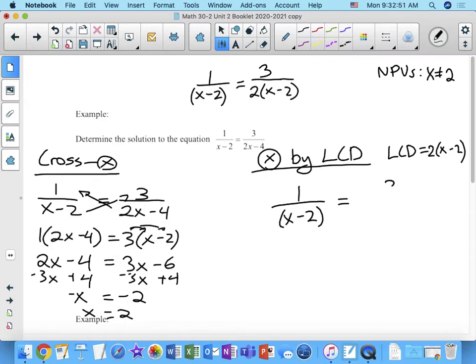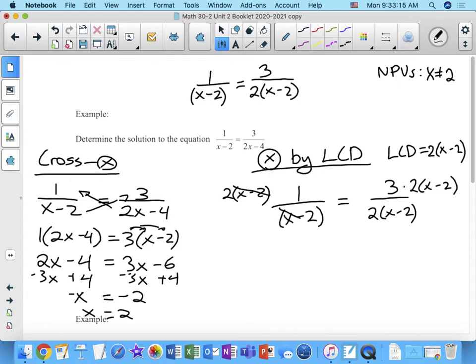Equals 3 over 2 times x minus 2. And on both sides, I'm going to multiply by 2 times x minus 2. Okay? And on the left side, just the x minus 2's cancel, correct? Does that make sense? Okay.